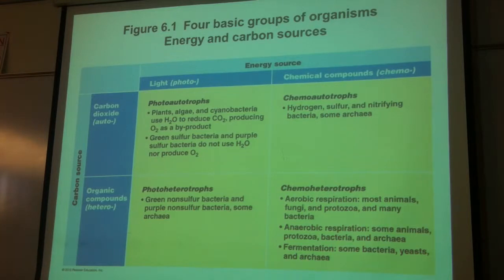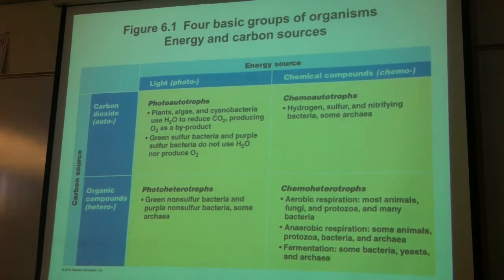And then you have your green non-sulfur bacteria and purple non-sulfur bacteria, being your photoheterotrophs, aerobic respiration. So most animals, fungi, we're in here, the chemoheterotrophs. We kind of need to consume food for energy and as our carbon source.